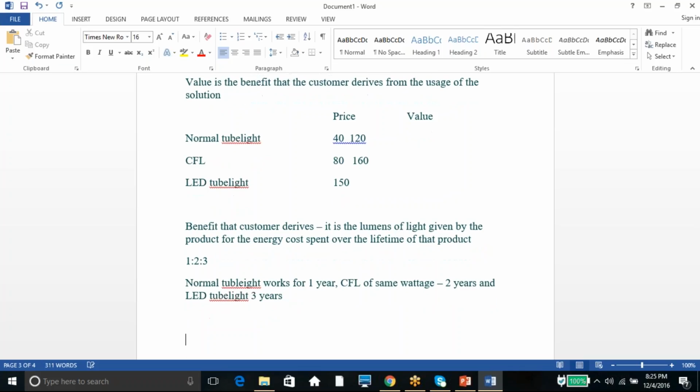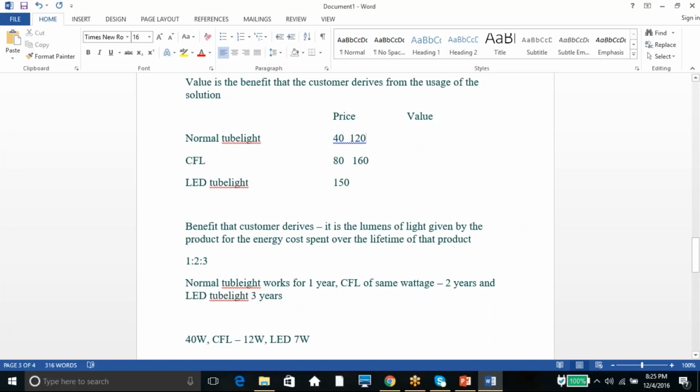Now the energy cost over a similar lifespan. If a tube light takes 40 watts for the same lumens of electricity, the CFL may do it in 12 watts and the LED tube light may do it in 7 watts, which means the energy consumption over the same time span, with the same usage, will have a huge variation.